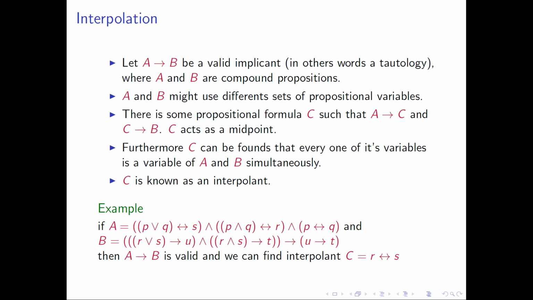Okay, so the interpolant turns out to be R if and only if S. So that's a result from A and it triggers B. So basically what happens is P triggers Q and Q triggers P. So that means that whenever we have this disjunction here, so whenever we have S, we also have R. Okay, so this is where A implies C, where C implies B, since we have this biconditional here, whenever we have this condition, we also get this condition.